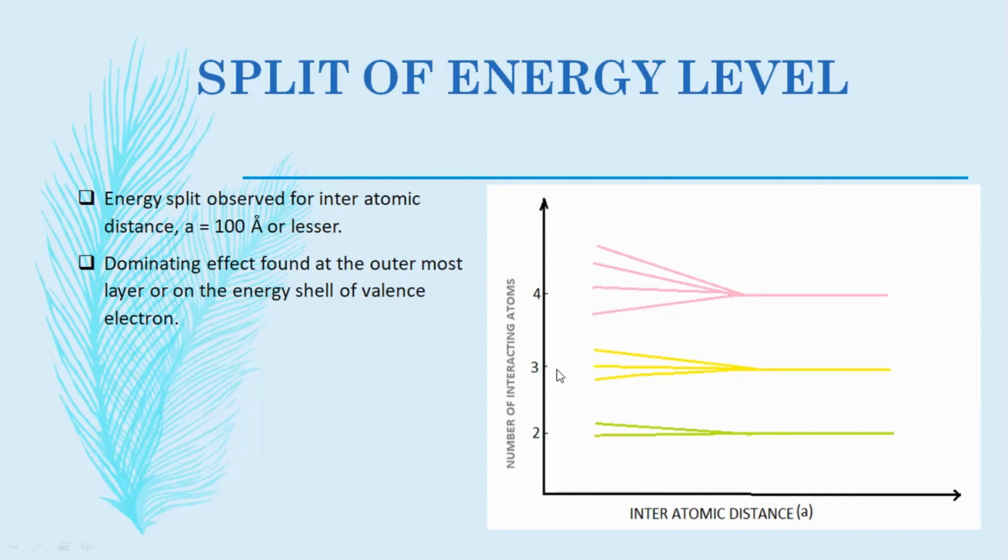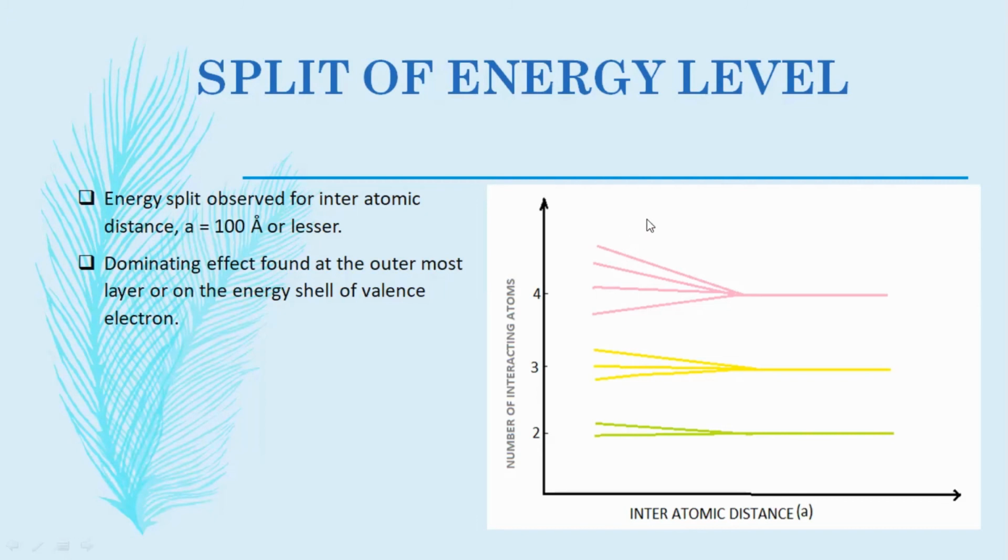If interacting neighbors are 3, then it is 3. If it is 4, then the energy level will get split into 4 parts. And the lesser the interatomic distance, the more pronounced the energy split will be.